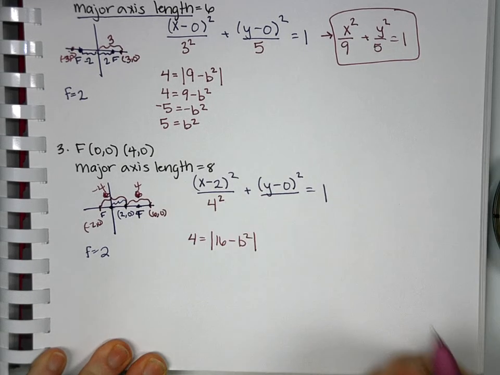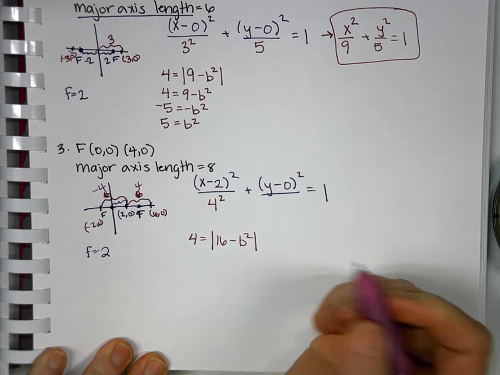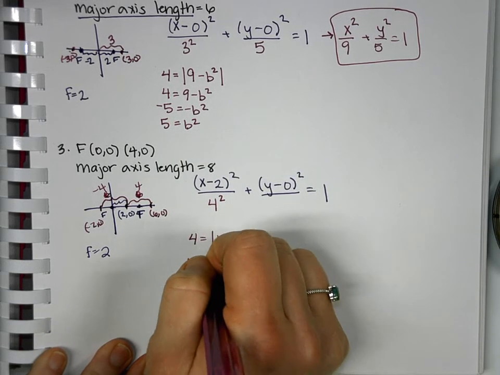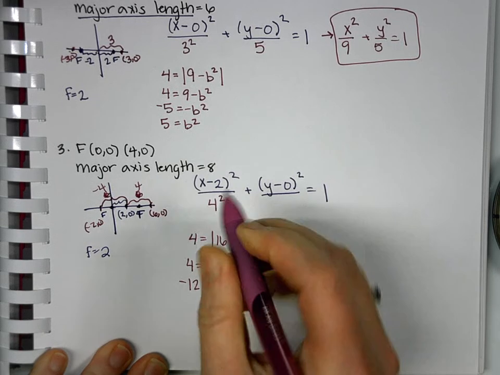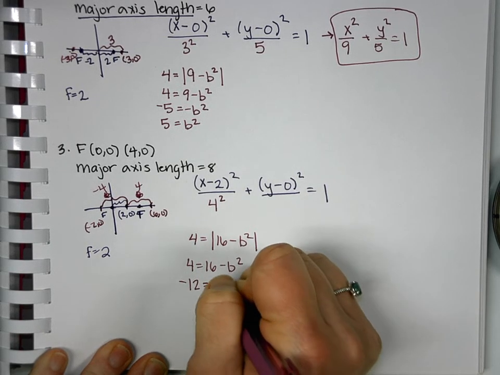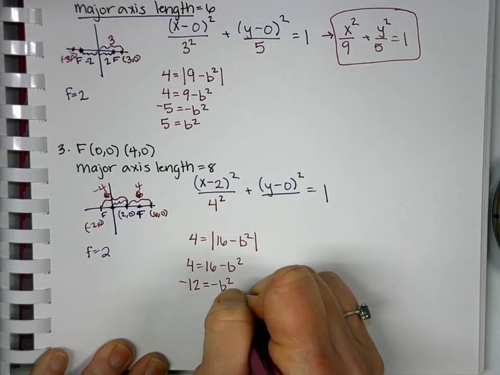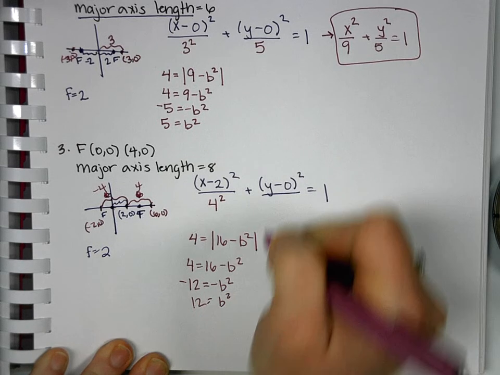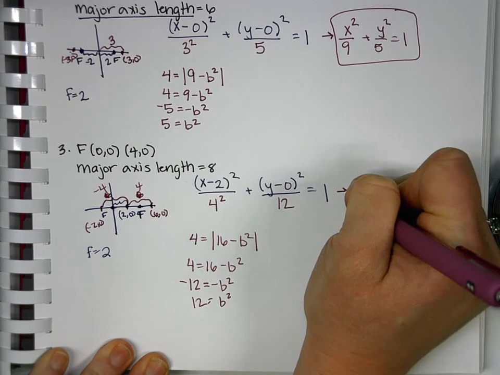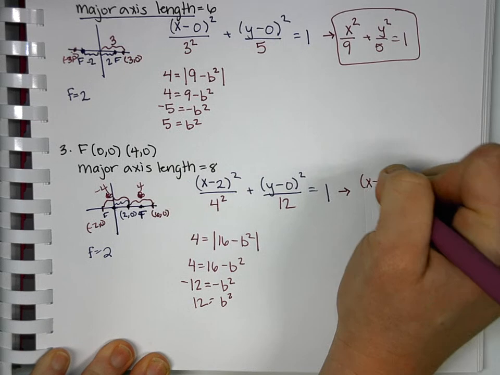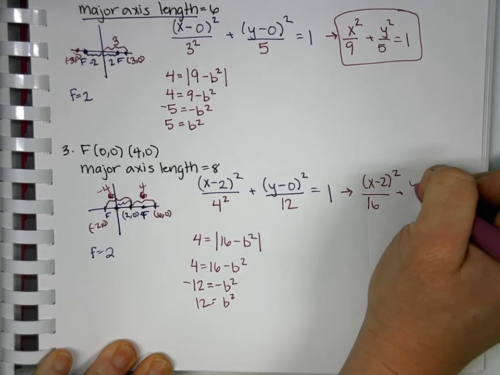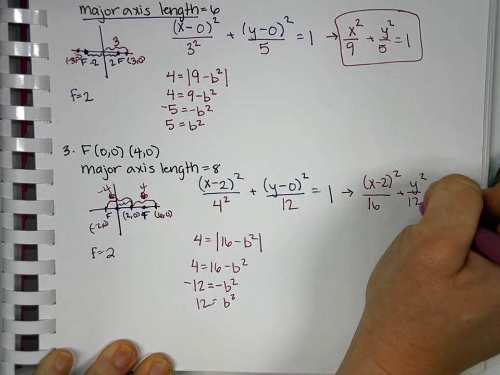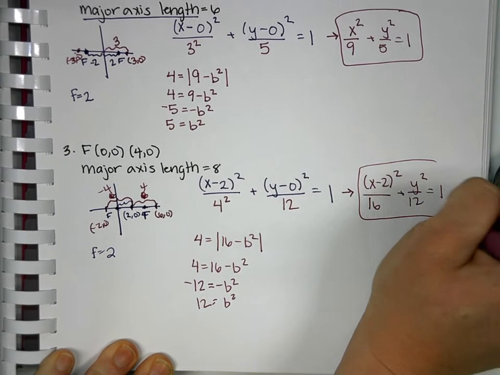I know 4 squared is the bigger number, so I can drop my absolute value, and we'll get negative 12 equals negative b squared, so b squared is 12. Now I just simplify what I have: x minus 2 squared over 16, and y squared over 12 equals 1, and you have your equation.